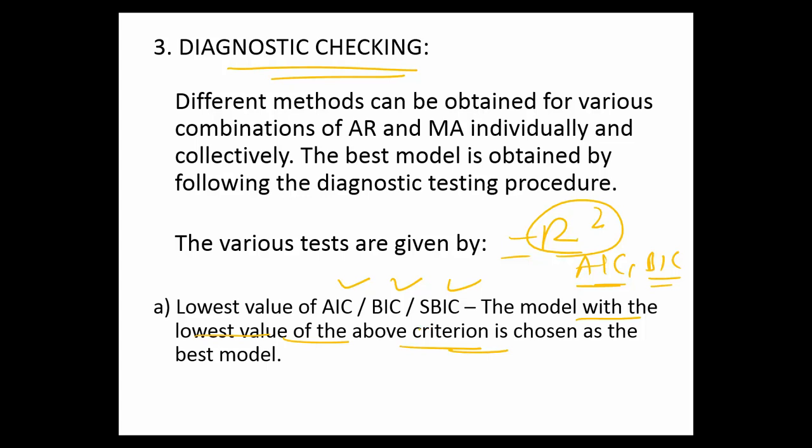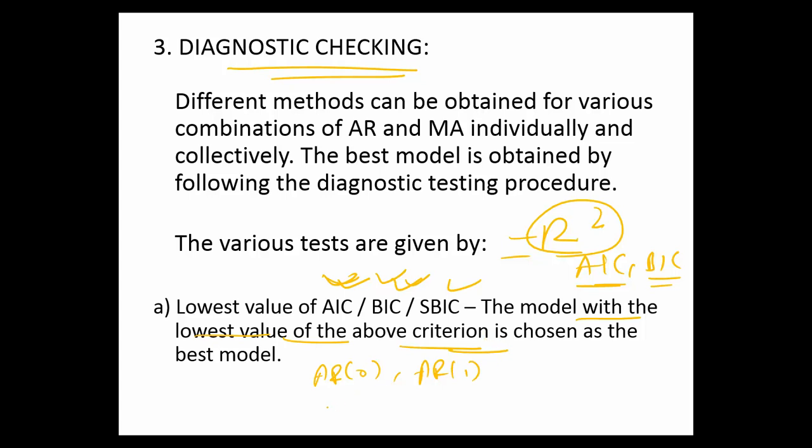So what many a time the software does is that it picks a number of models and tells you which model suits your data best based on the AIC or BIC criteria. Let me give you an example. You are sure that you are using an AR model, based on the criteria we discussed in the last slide, right?